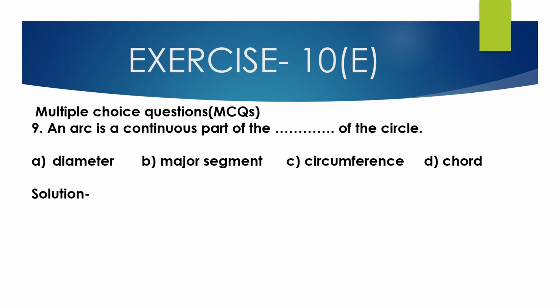Now question number 9. Multiple choice questions. An arc is a continuous part of the dash of the circle. Options are diameter, major segment, circumference, and chord. An arc is the continuous part of the circumference.